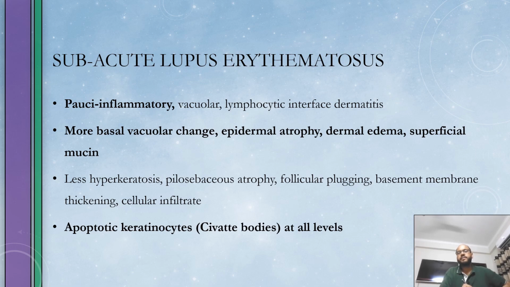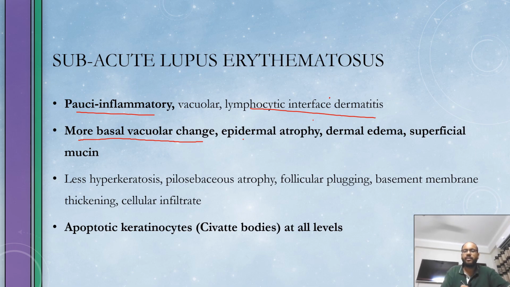In subacute lupus erythematosus, okay, you see the infiltrate is quasi-inflammatory. That means the density of infiltrate is low. It is decreased. You have vacuolar and lymphocytic interface dermatitis because that's what we are studying right now. You have more basal vacuolar change, more vacuolization. In DLE, it was less vacuolization, more cell death.